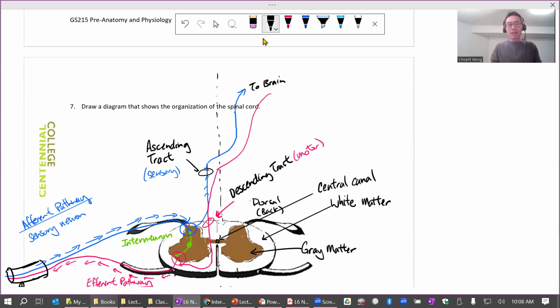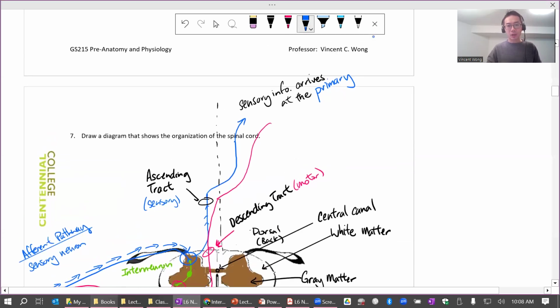But where to the brain? Well, now we know, instead of saying to brain, we're gonna say the sensory information arrives at the primary somatosensory cortex. I don't know if you have been paying attention to the color I use. I try to color code everything so it agrees with each other.